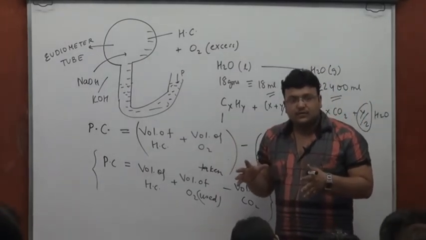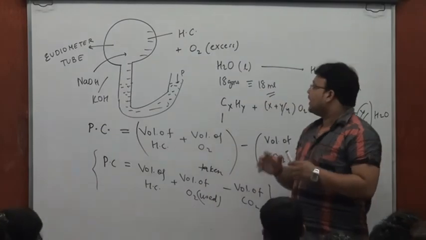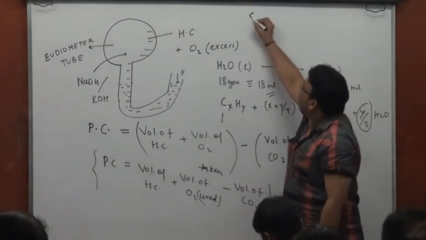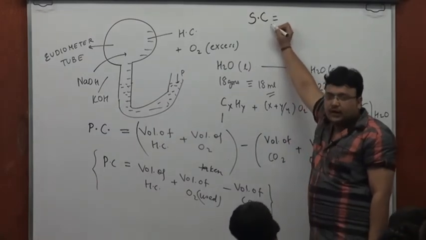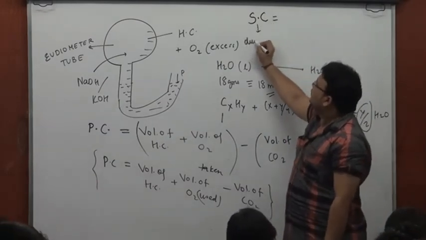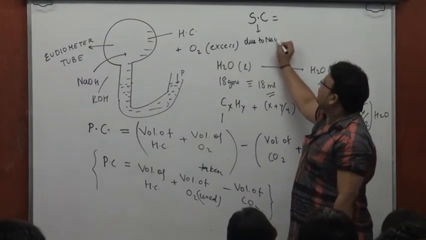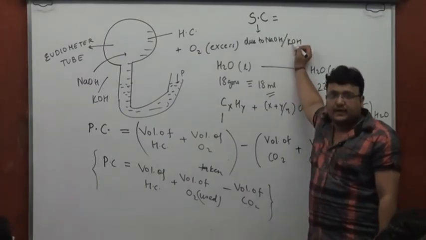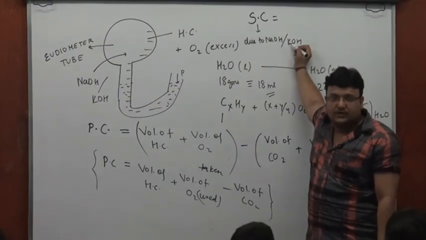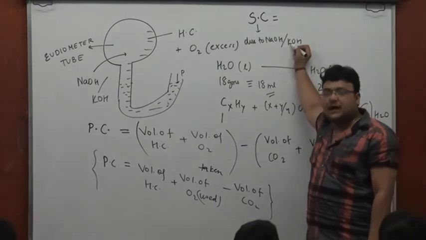Say yes or no? Yes, the volume will further contract, and I am going to call this secondary contraction, which is due to NaOH or KOH added, which absorbed carbon dioxide.